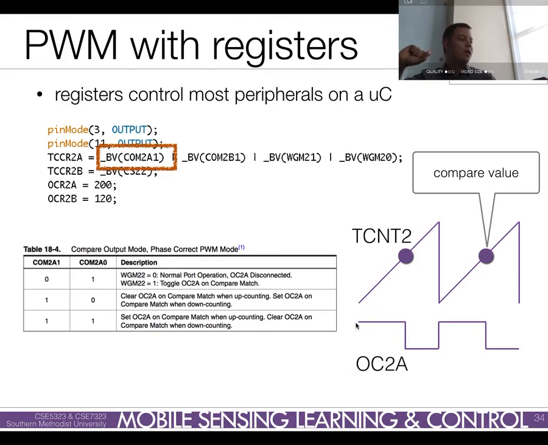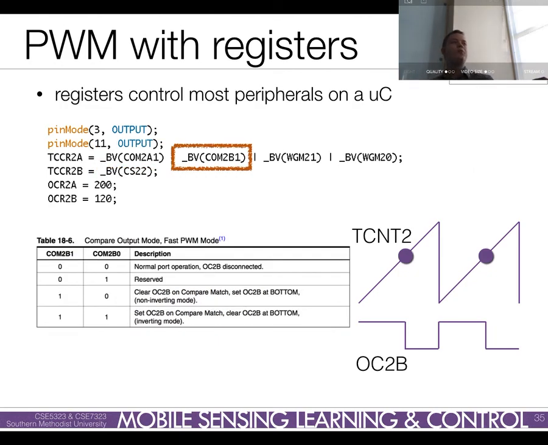So this bit is set when I'm up counting, and then whenever I pass a value, it gets cleared, and it's 0. Then when my counter resets itself and starts counting up, I'm going to set the OC2A bit, clear it, right? What is that? It's pulse width modulation. It's clearing and setting that bit.